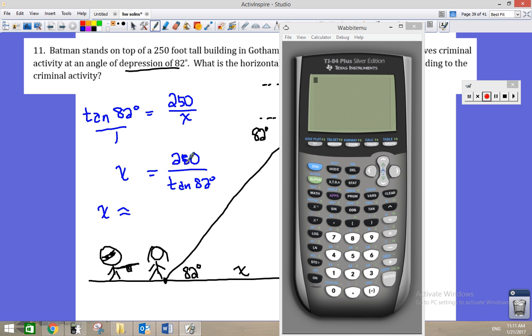Gosh, I almost read that as 280. 250 divided by the tangent of 82.